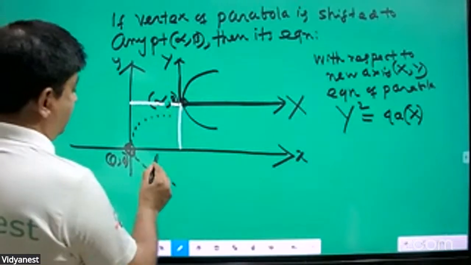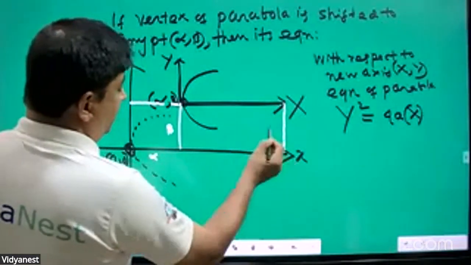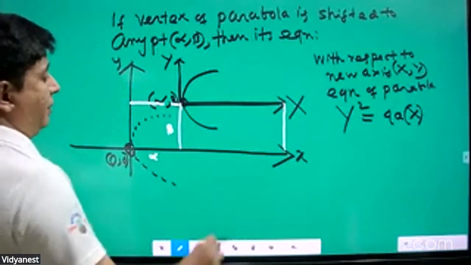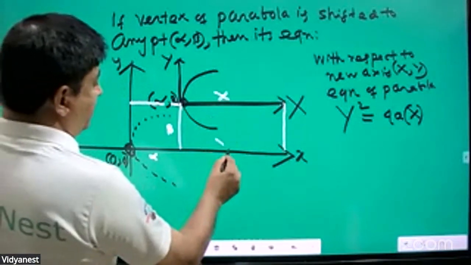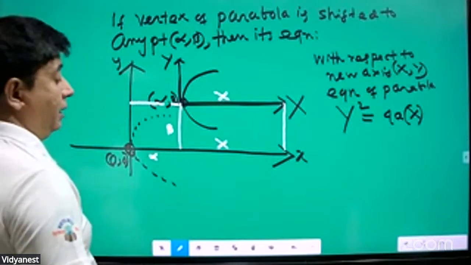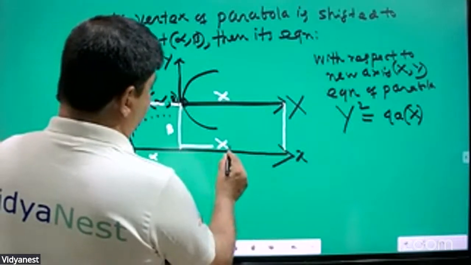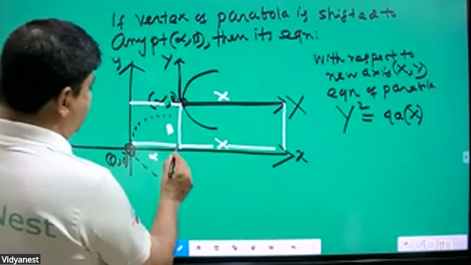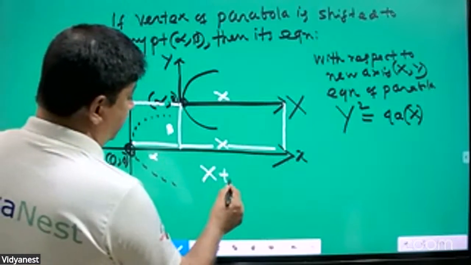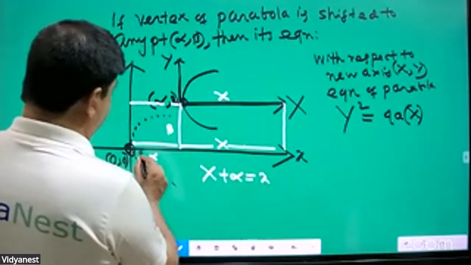the alpha beta means this is alpha, this is beta. You drop a perpendicular considering this as a line segment. This is capital X. Now, Euclidean geometry says this capital X plus this alpha composes small x, the whole thing.